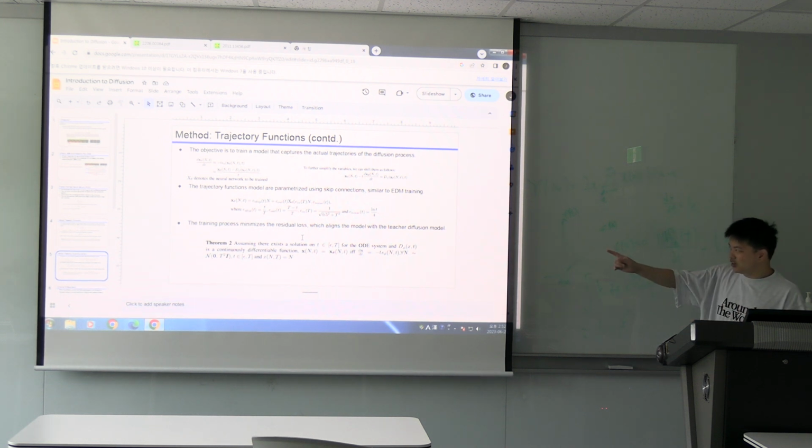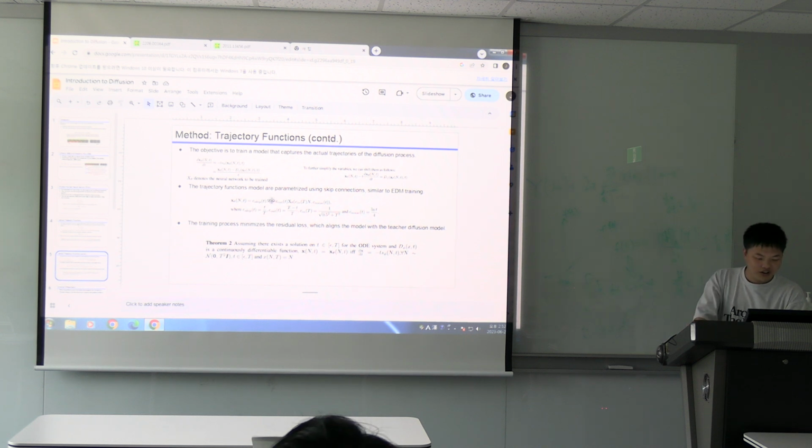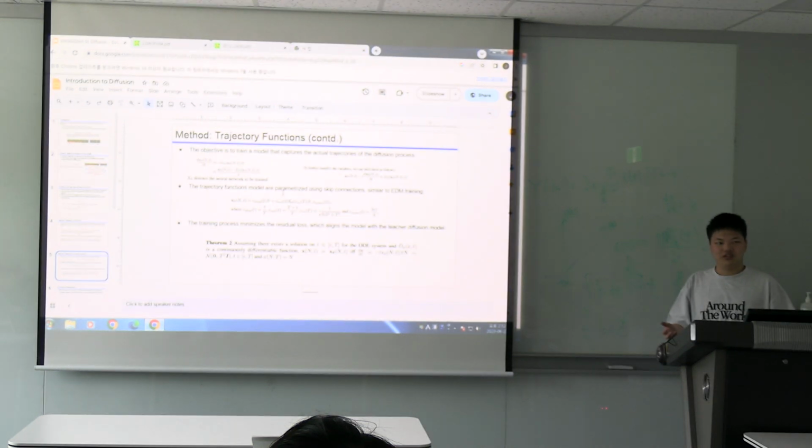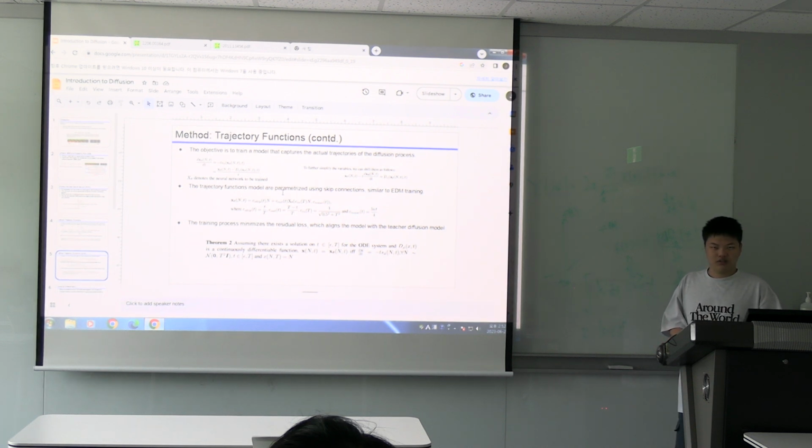And that's what we do here, is we set it so that the skip connection at time t will be equal to 1, and the out connection at time t will be equal to 0. That way, the neural network output is zeroed out, and it's just x_n. So you will satisfy your initial condition always. So we don't have to learn the initial condition. Does that make sense?